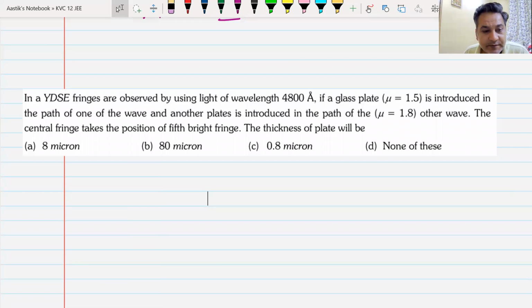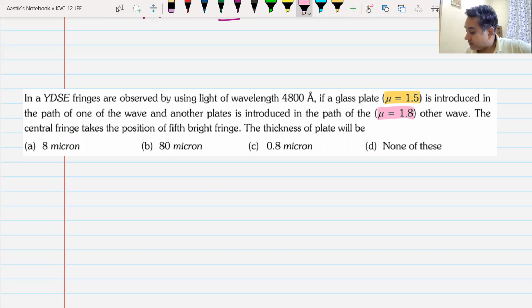In a Young's double slit experiment, fringes are observed by using light of wavelength 4800 Angstrom units. A glass plate is introduced in the path of one of the waves, and another glass plate in the path of the other wave. One glass plate has refractive index 1.5, the other 1.8.